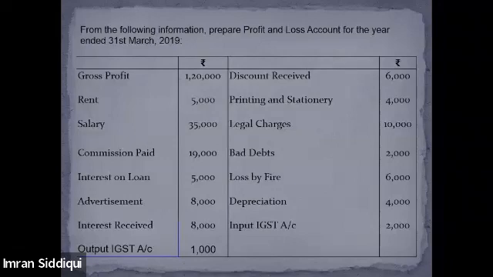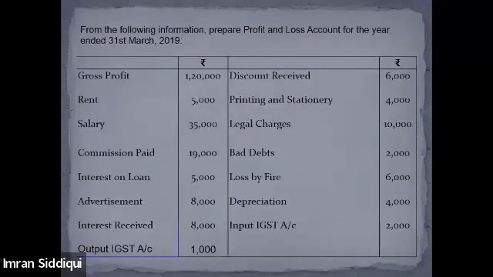And let me tell you just one small point in context of this question. As you can see, the last item on the right hand side is input IGST, and on the left hand side we have output IGST, right?